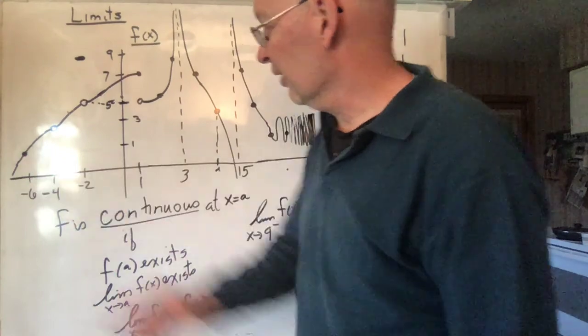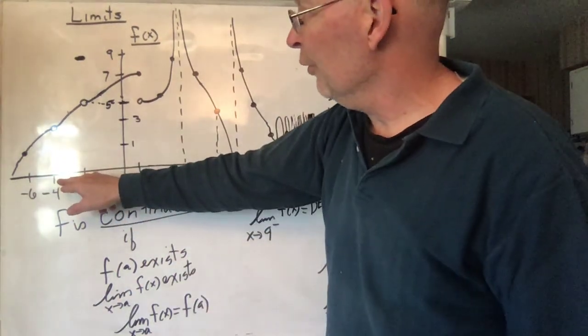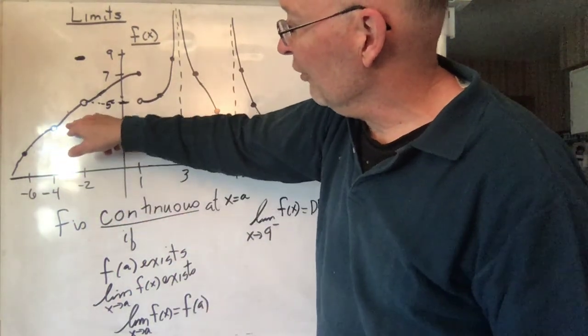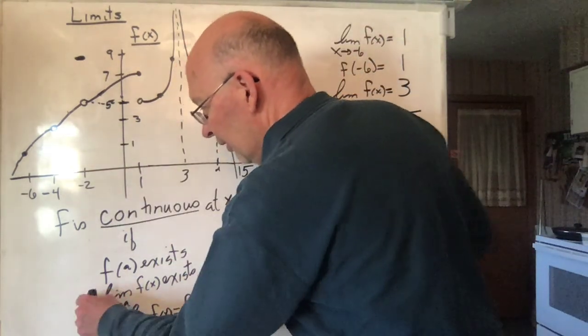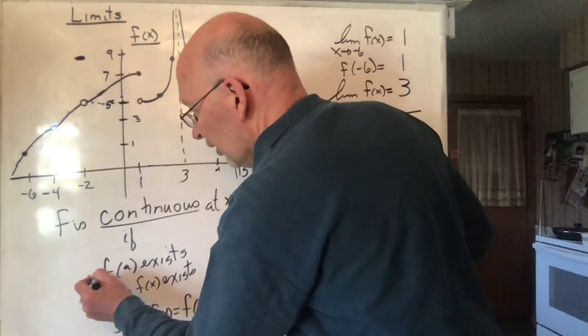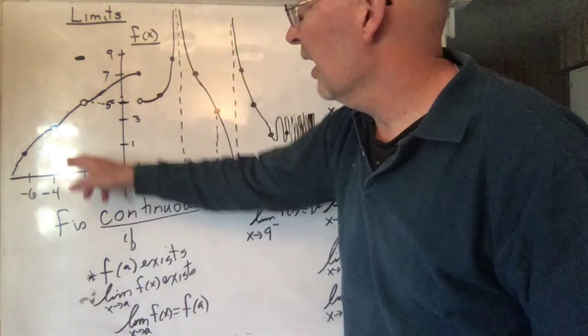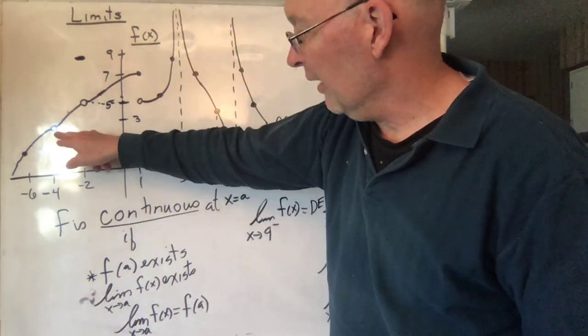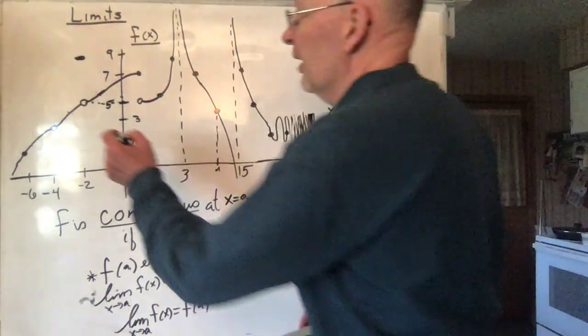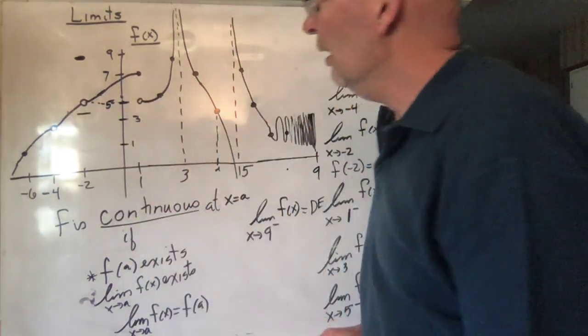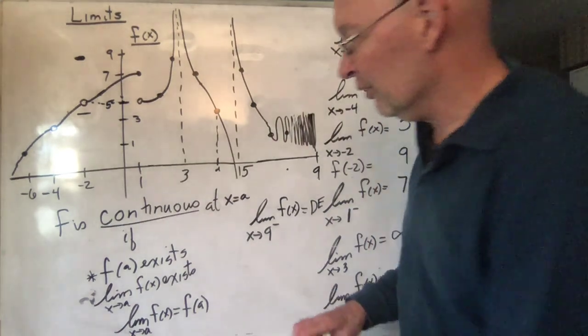So it's continuous there. What about at -4? Well, at -4, notice there's a break. And sure enough, that violates this one. Oops, I'm sorry, that violates this one. There's no value of the function at -4. f of -4 doesn't even exist. Okay, what about right here? Right here, it's not continuous. Why?